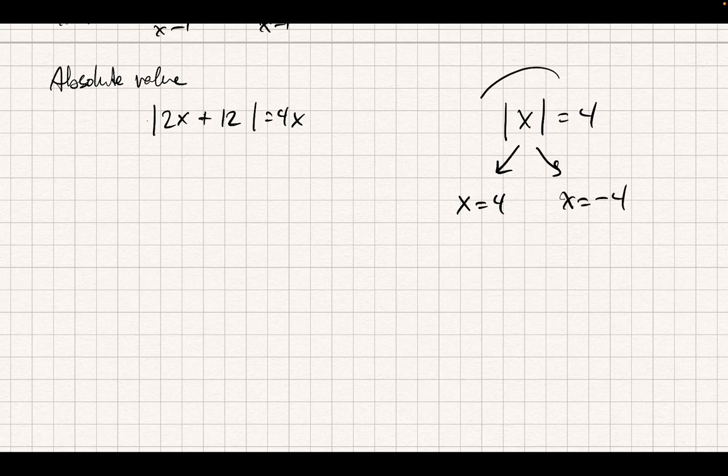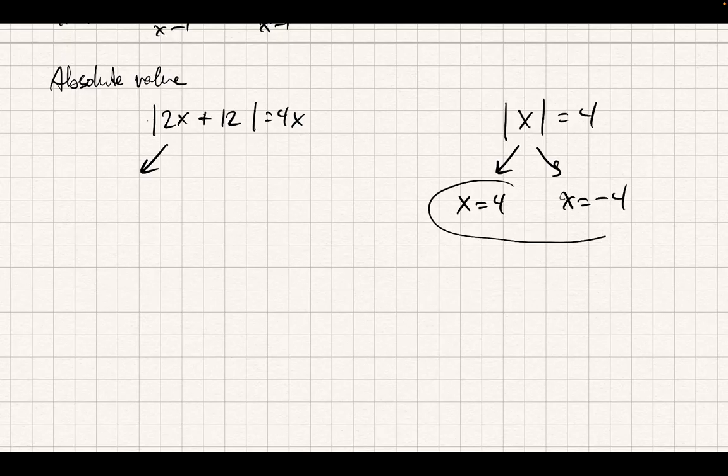I'm breaking this out of the absolute value and giving both values on the right side. So the answer would be x equals plus or minus 4.